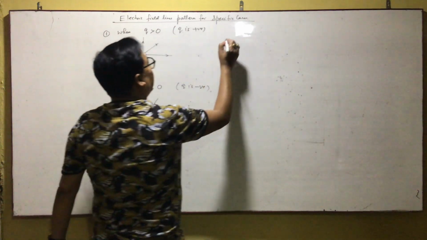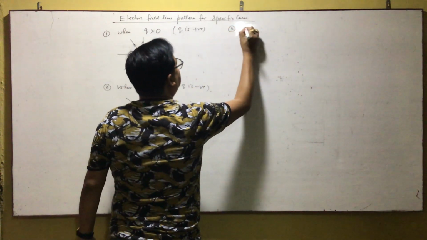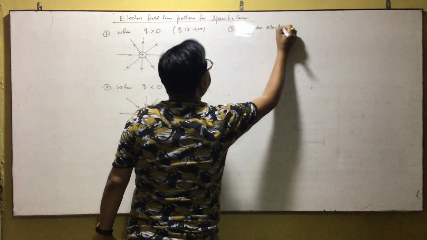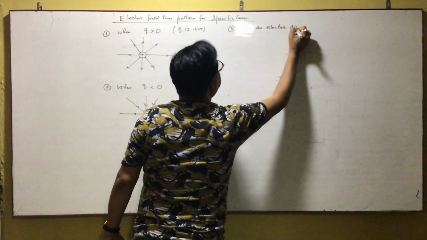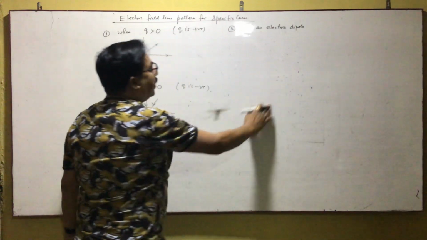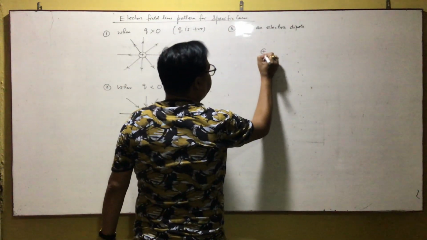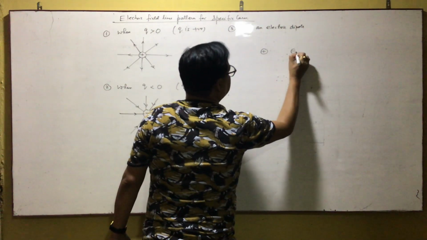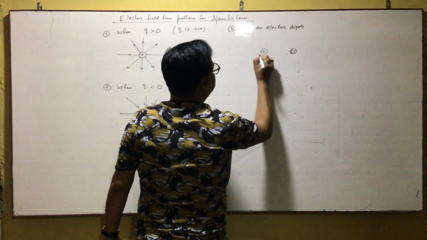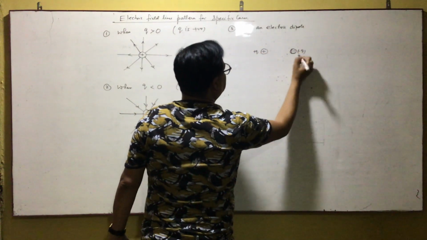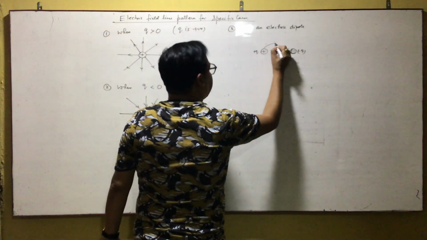Now the third one, for an electric dipole. As we know, electric dipole is a system of two equal and opposite charges plus Q and minus Q. So we can draw the lines of force like this.